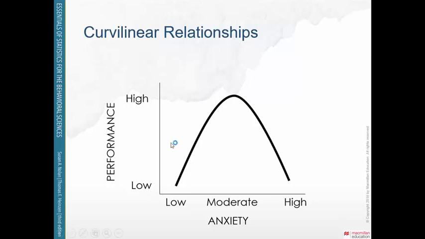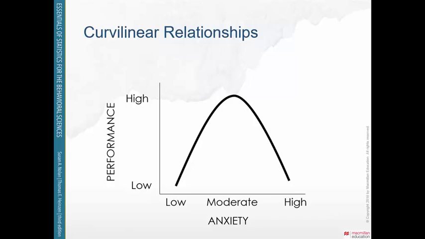And if you find that your data is curvilinear like this, and you calculate a Pearson r, guess what you would get if you put this data into a Pearson r equation? It would say r equals 0. There's no linear relationship between those variables.